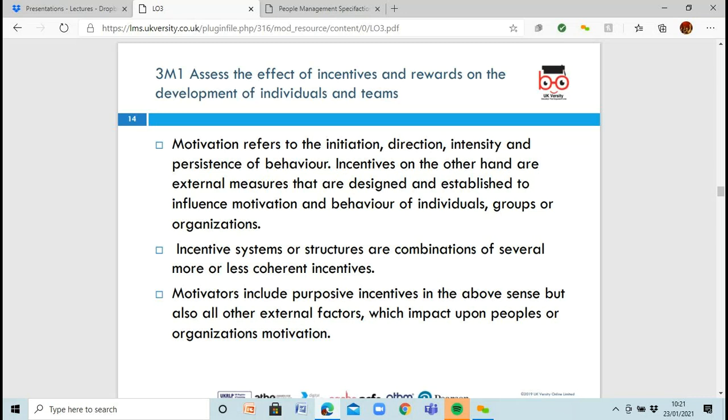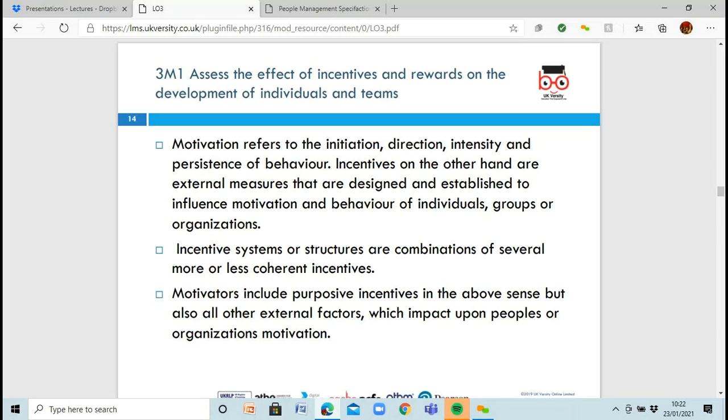Motivation refers to the initiation, direction, and intensity of the persistence of behavior. Incentives, on the other hand, are designed to influence your motivation and the behavior of individuals. Incentive systems are a combination of several more or less coherent incentives.